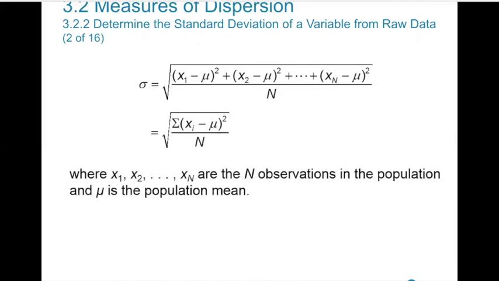It's ridiculous to do if you have a large set of data. So I would suggest using your calculator or a spreadsheet program to find this. It's good to know where the formula comes from, but honestly, it's not something that you're going to sit down and work out. So this is for population.